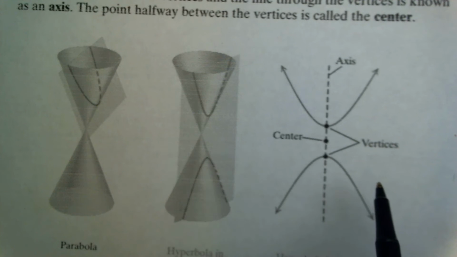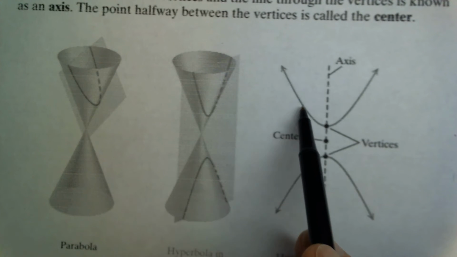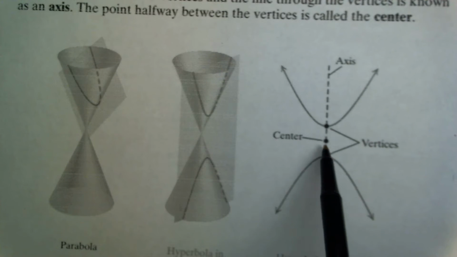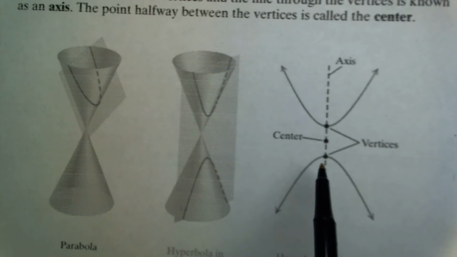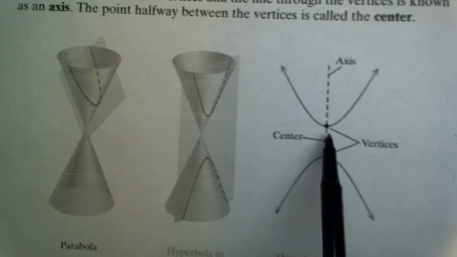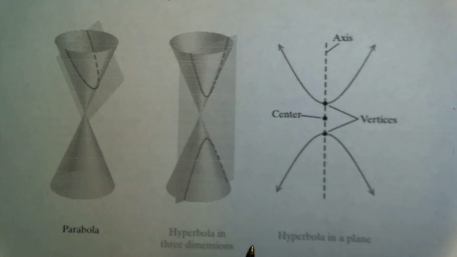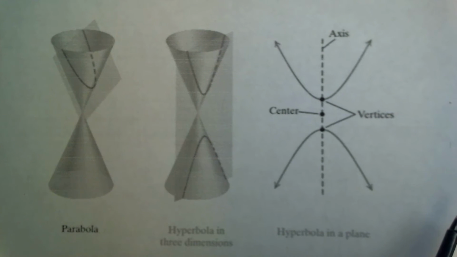And so in a plane, a hyperbola has two branches, this one and that one, and it has vertices, and it has a center. Now notice that the center is outside the hyperbola. So here you have a hyperbola in 3 dimensions, and here you have a hyperbola in a plane, or in 2 dimensions.